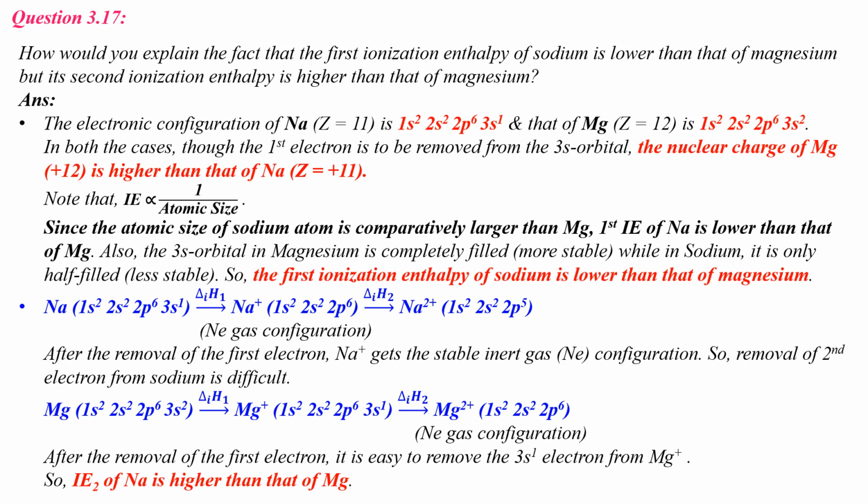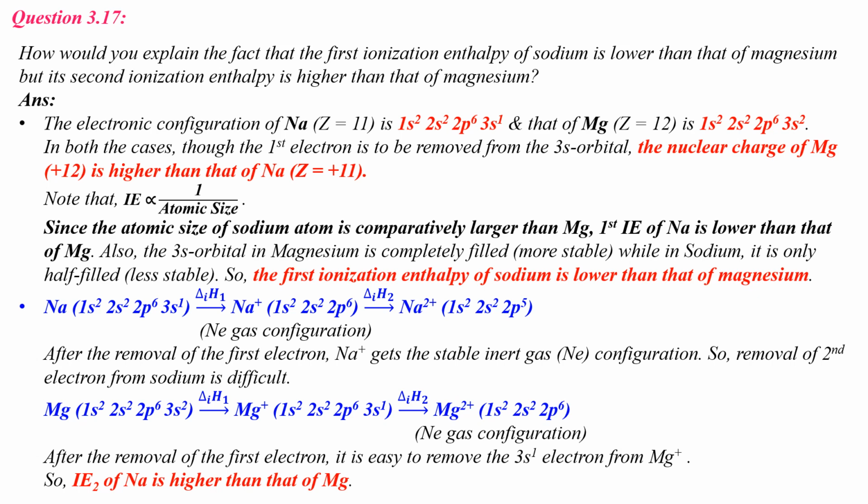That is, it has completely filled orbitals, while in sodium it is half filled. Okay, see the s orbital of sodium, which has a capacity of 2 electrons, has only 1 electron in it. So it is half filled, that is less stable.